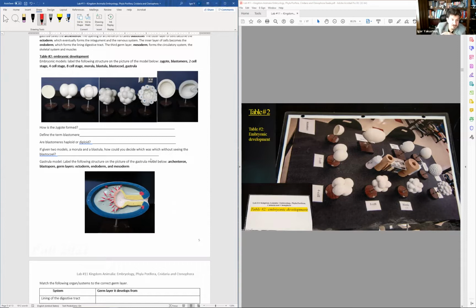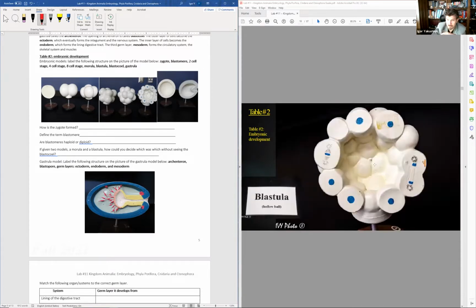What is the blastula made out of? Tiny little bitty cells. Let's see, here we go. See the cavity, the hollow ball of cells, so blastula. Each cell right here is a blastomere. In Bio 1, you're supposed to talk about the polymers, right? Poly means many, mer means unit, many units, like proteins, many amino acids combined together.